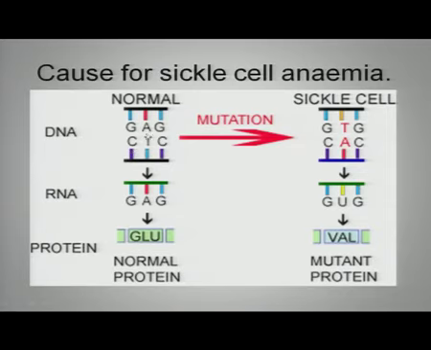In DNA it is A-T, C-G pairing, but in RNA it is A-U, C-G. So, C will pair with G, T will pair with A, and C will pair with G again. But in the mutated one, C will pair with G and A will pair with U, because it is RNA and this is DNA. C pairs with G.